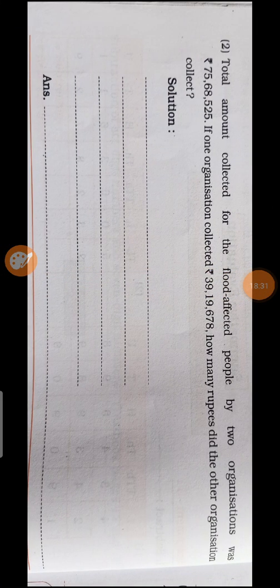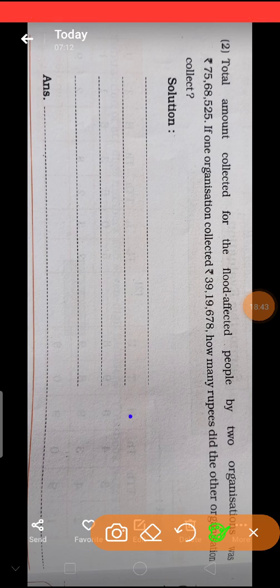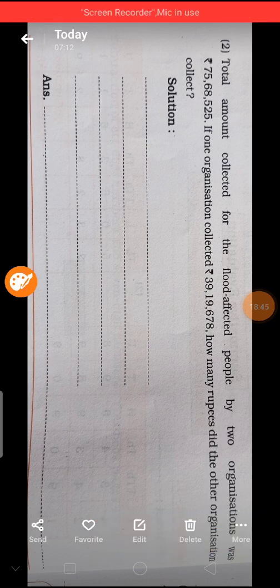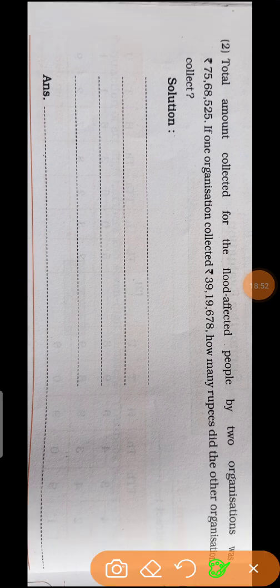Now see, from assignment number 4, question number 2, page number 20 only. Total amount collected for the flood affected people by two organizations was rupees 75,68,525.